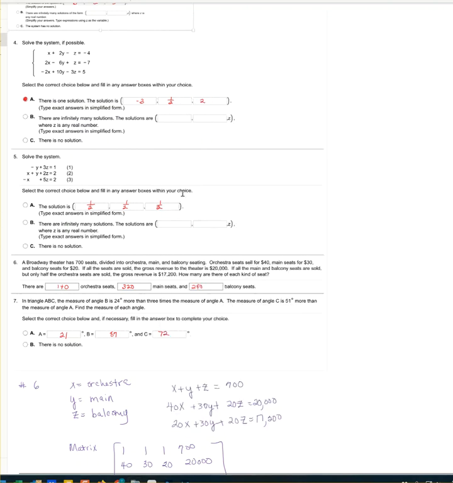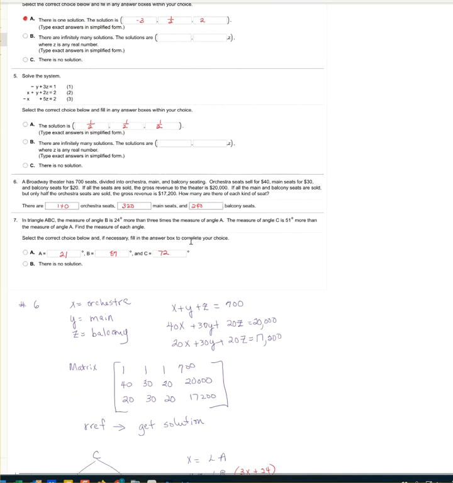All right. Number 6 and number 7 are word problems, and so part of the deal here is you do have to come up with your matrix. So let's do those together, at least getting the matrix. So a Broadway theater has 700 seats divided into orchestra, main, and balcony seating.